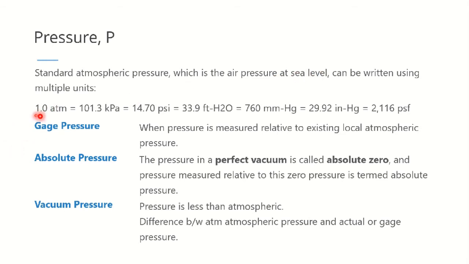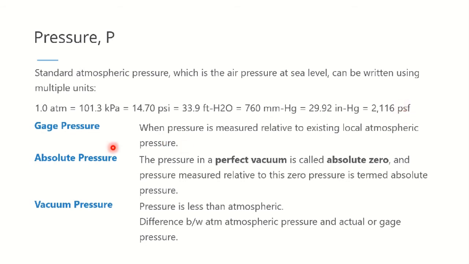So pwedeng 1 atm, 101.3 kilopascal, equal din siya sa 14.7 psi. Equal din siya sa 33.9 feet column of water. Ayan. So pwede rin siyang 760 mm column of mercury. Or, in inches, 29.92. And 2,116 pound force per square foot.